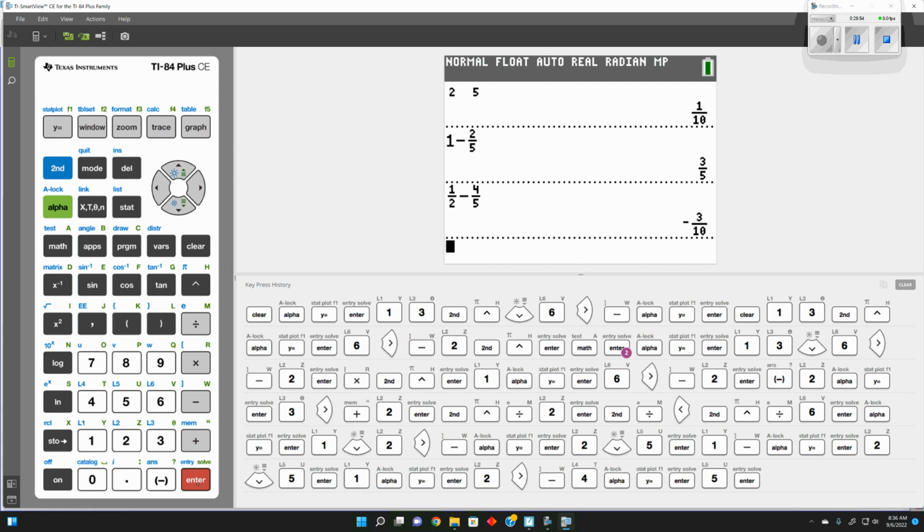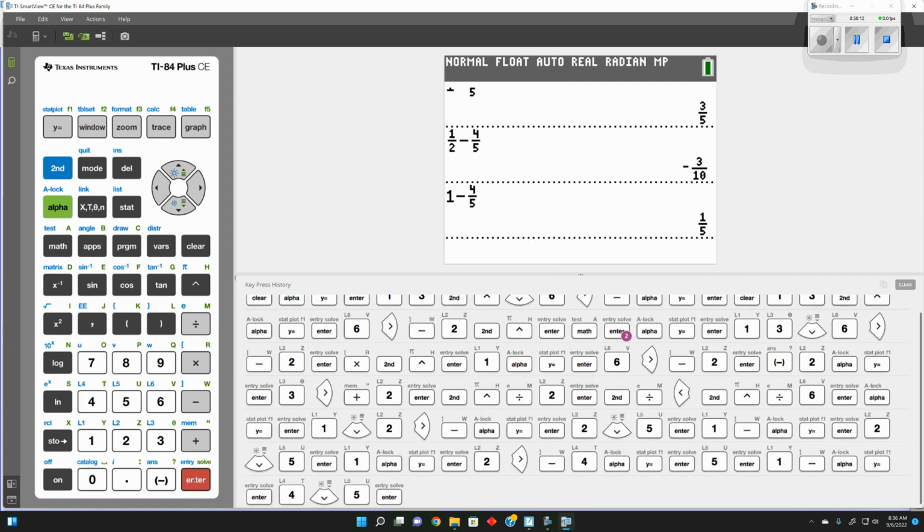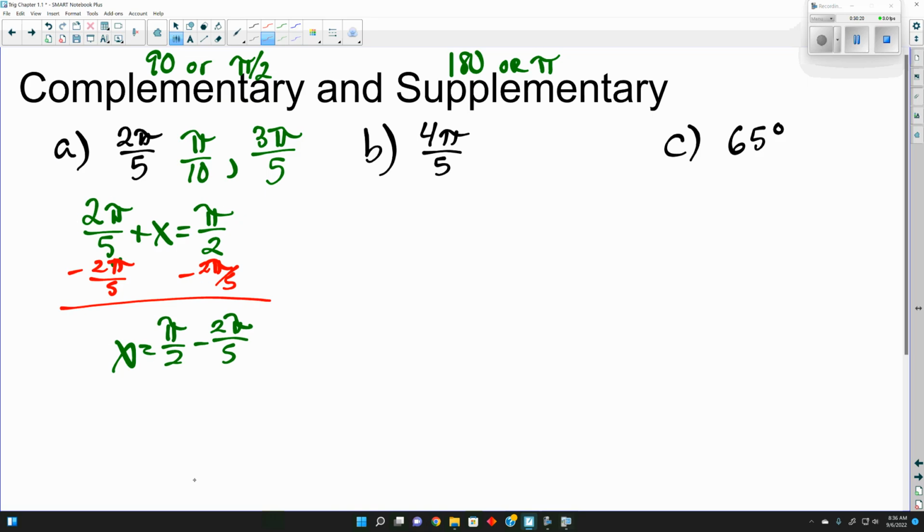We don't have two positive angles because when we look at complement and supplement, we're really looking at the positive angles. So it doesn't have a complement, but that doesn't mean it doesn't have a supplement. Because we can say 1 minus alpha y equals enter 4 over 5. And see, okay, it does have a supplement. Its supplement is pi over 5. No complement, but its supplement is pi over 5.